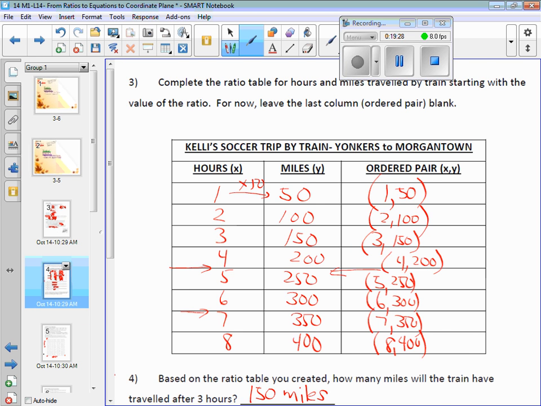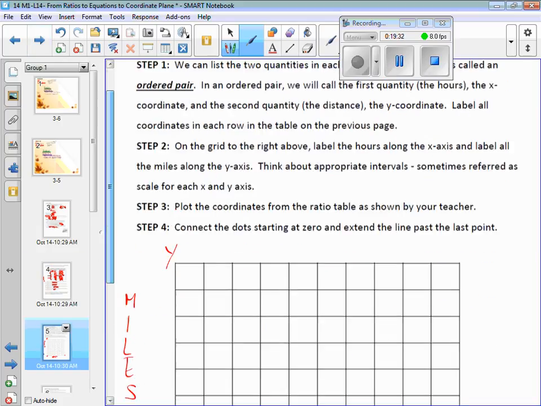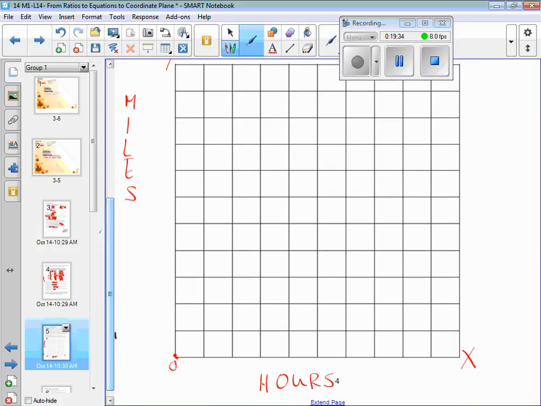So if I start labeling here, I want to make sure I have enough room for 8 hours as I count across. I'm allowed to have a few extra boxes, but I don't want to run out of room. So I've got 1, and these are called hash marks or tick marks. 2, 3, 4, 5, 6, 7, 8, and I have a couple left over, right?